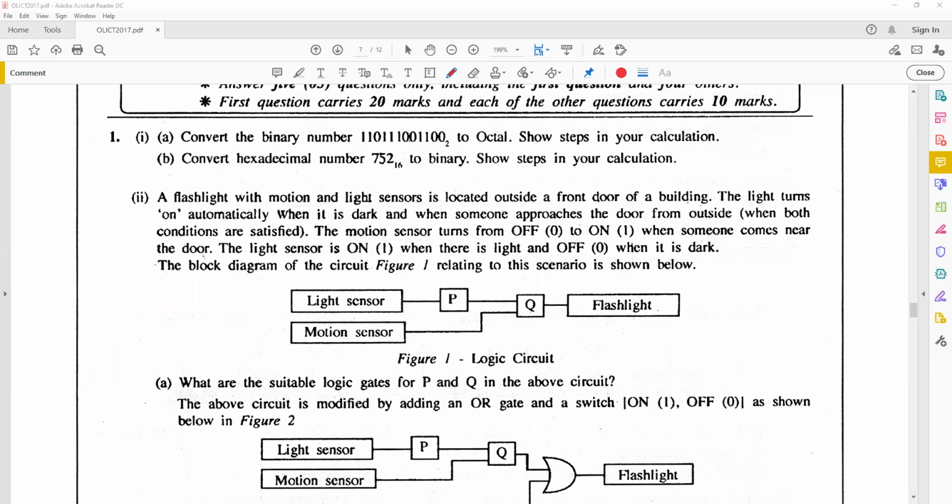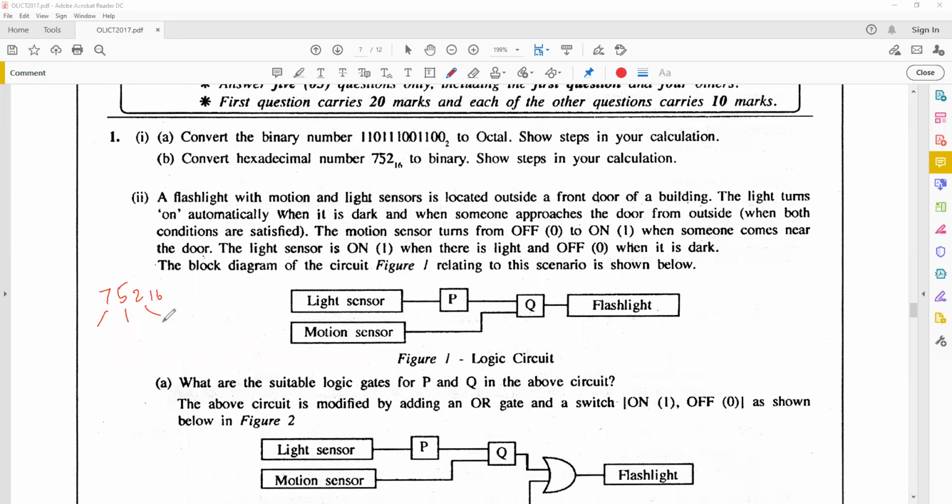Okay, let's move to the next one. Convert hexadecimal number 752 to binary. Yes. How do you convert hexadecimal into binary? We have 752 base 16. So the easiest way is to convert each of these hexadecimal digits into binary. So you have to use 4 bits for each. So 2.